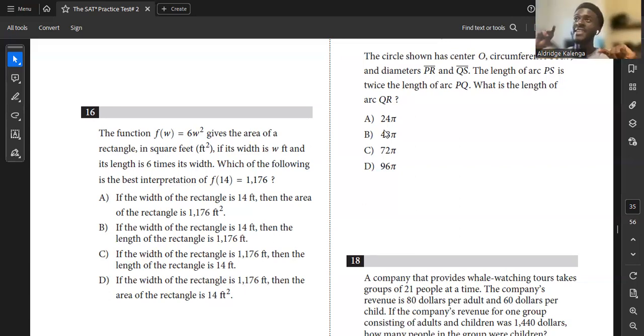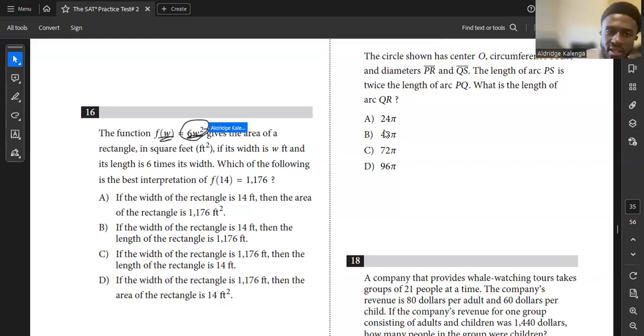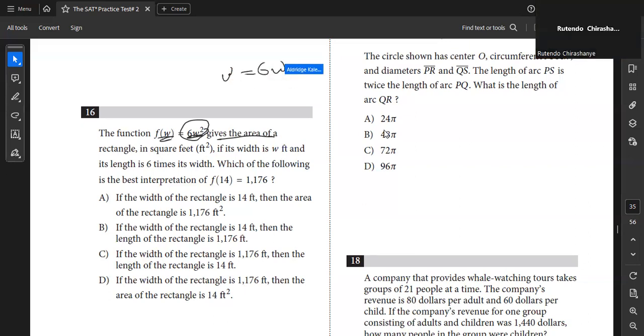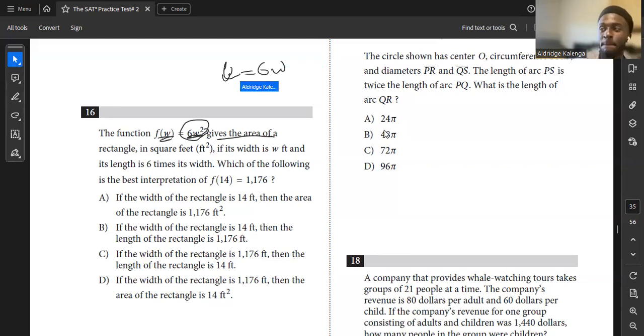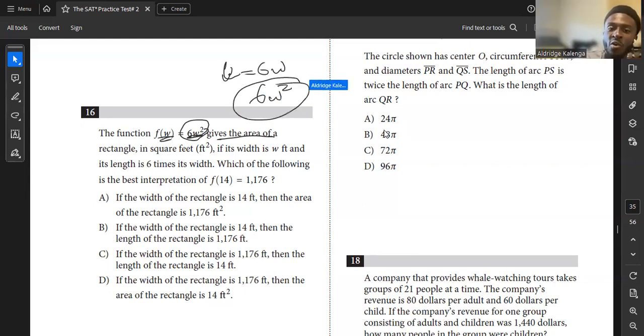Yes, the length is 6 times the width, but 6w squared is the area. w is the width, and this whole thing, f of w, gives you the area.